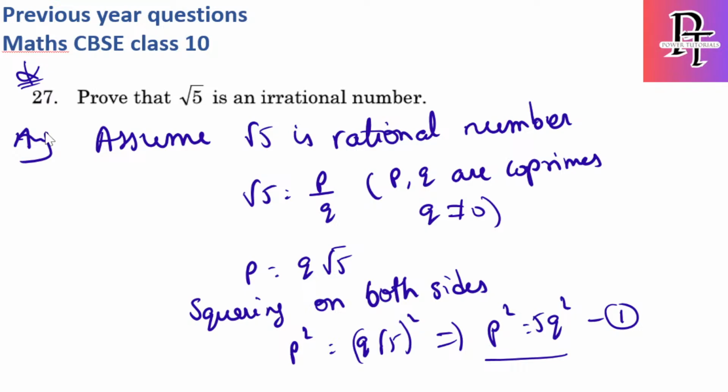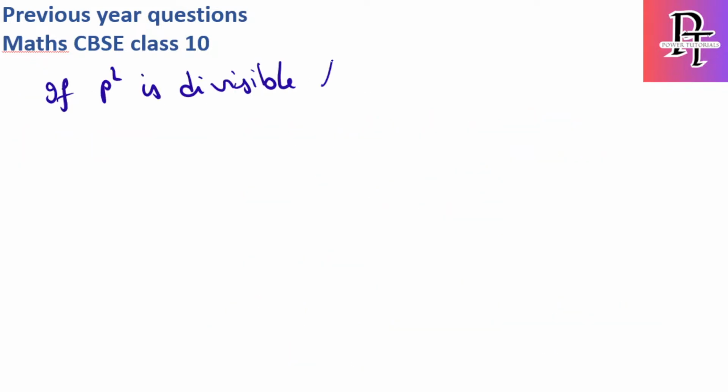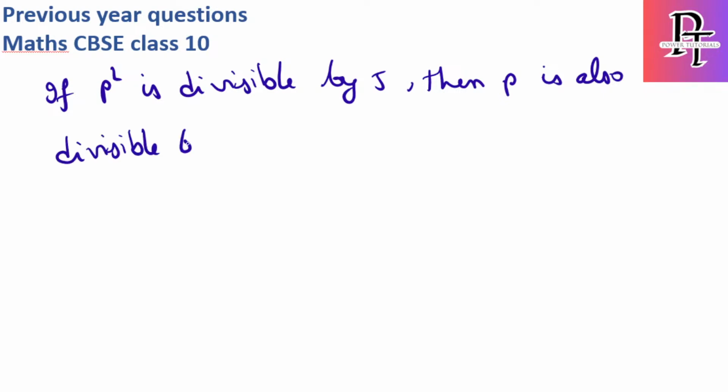We have one condition, that if p square is divisible by 5, then p is also divisible by 5. So p I can write it as simply 5 into a, where a is an integer.